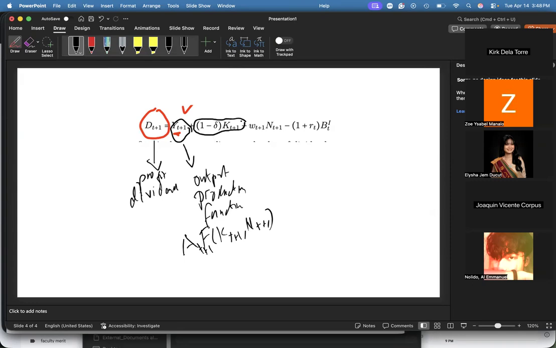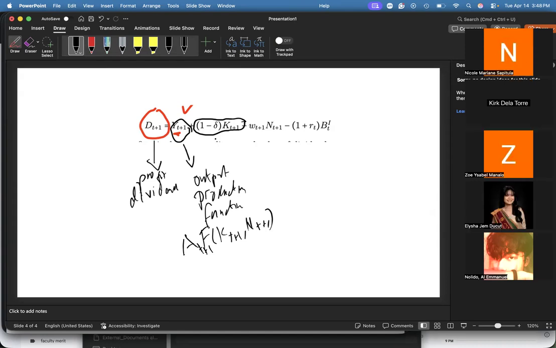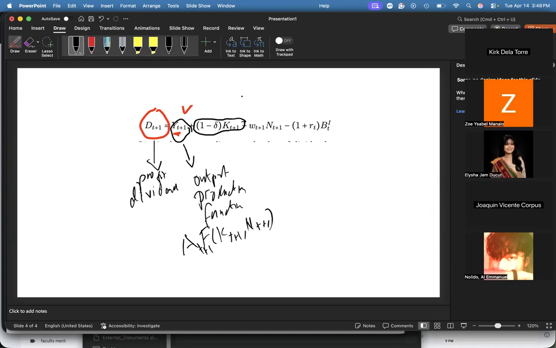What's this one? Law of motion. Nope, not the law of motion. But remember, in time T+1, meron kang hawak na capital. So once nagamit mo na yung capital mo to produce output, you can still use the capital by selling it. Correct? So in fact, this is negative investment, correct? It's negative investment, which is positive.